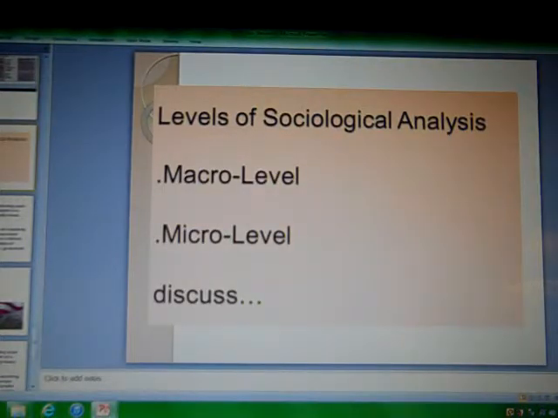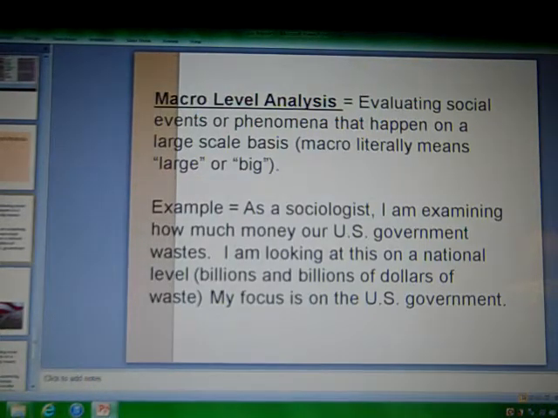Now, a couple of other ways we can look at sociology are two more levels of analysis. These are a little different: macro and micro. Macro simply means large or big. Macro level analysis involves evaluating social events or phenomena that happen on a large scale basis.